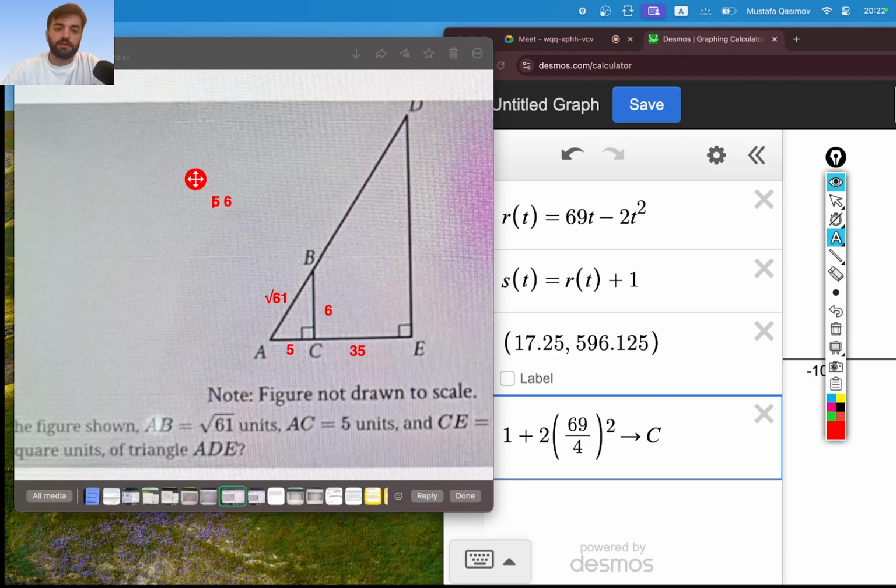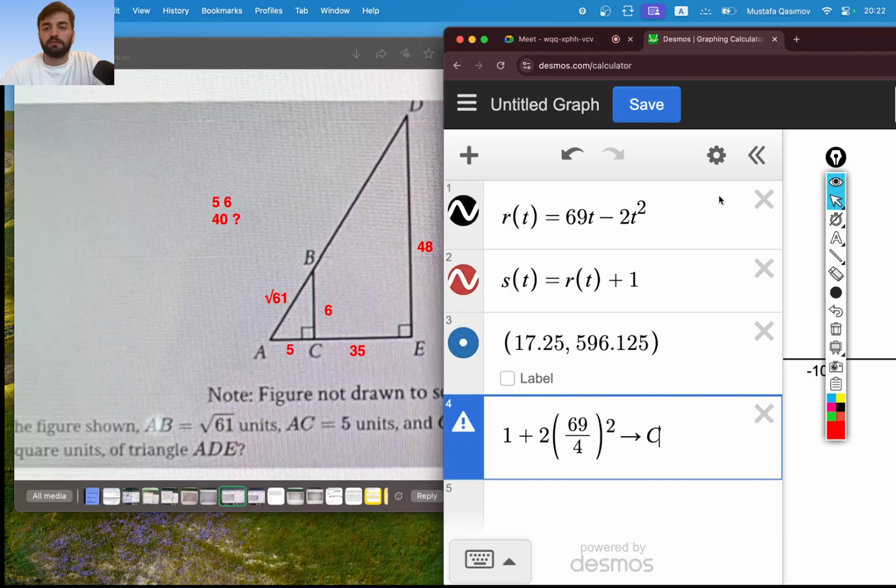For the bigger triangle it will be 40 and the unknown. So you can say there's an 8 times difference between 5 and 40, and it will be 48. So the answer is 48 for DE. And it asks about area, it will be 40 multiplied by 48/2. Is it clear? Okay. Yes.